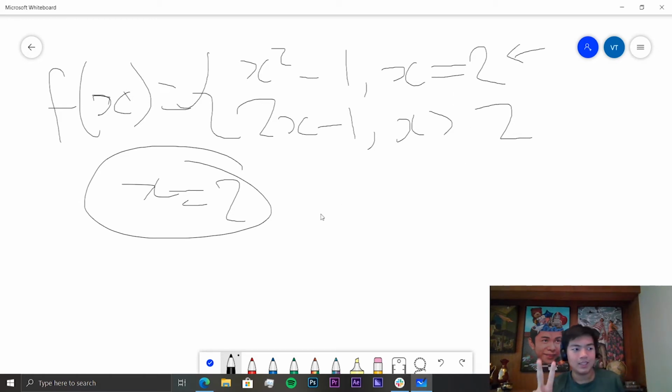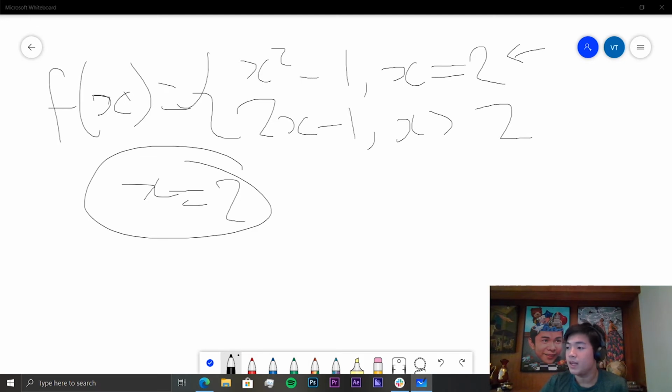The second thing is we need to ensure that the limit exists for this function, as x approaches 2. And the third thing is that the limit should be equal to the value of the function at that point.